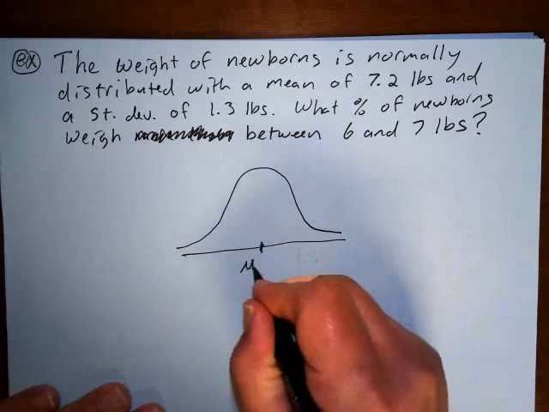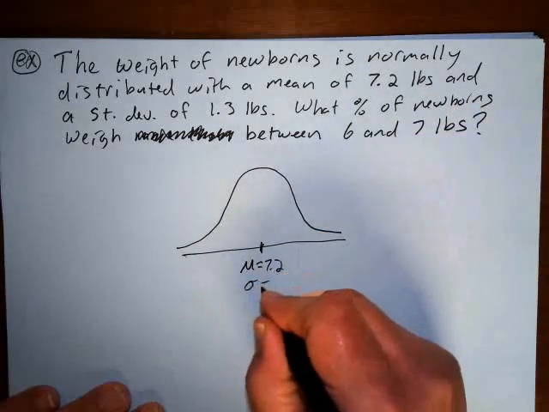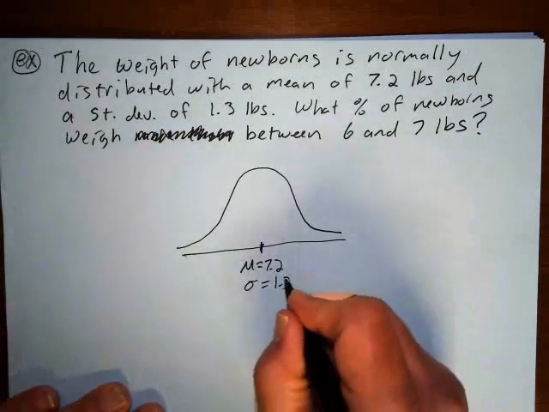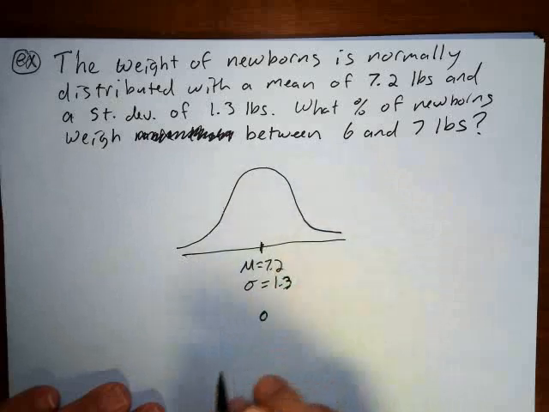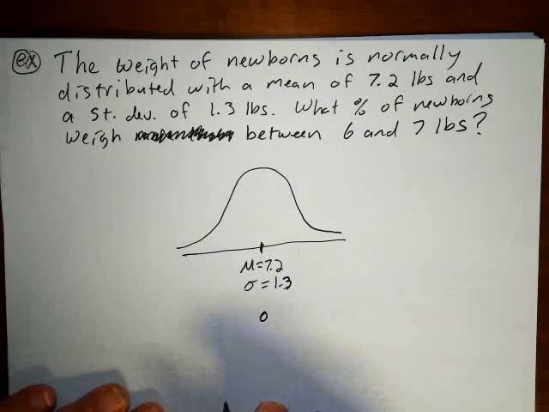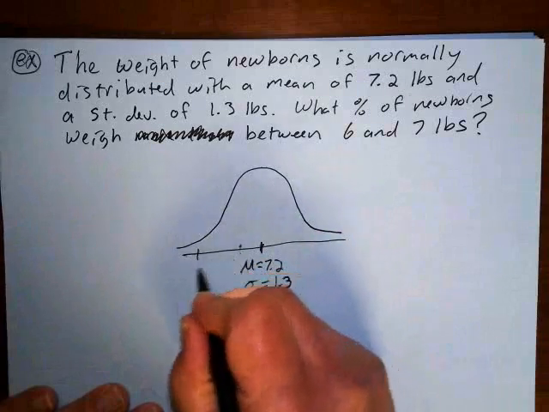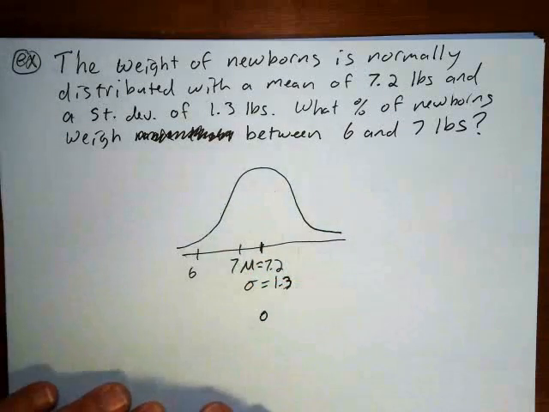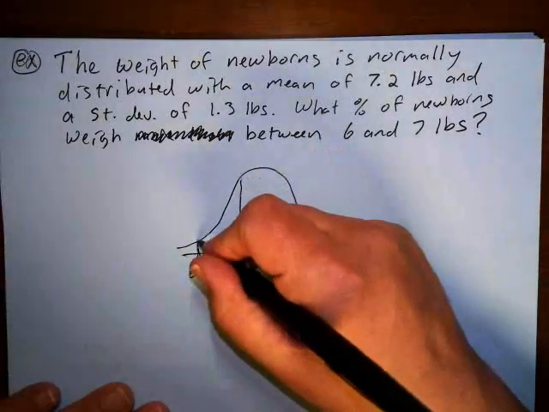Okay, now the center here is 7.2, and the standard deviation is 1.3. So the center is not 0, but the z-score is 0. Okay? And then 6 and 7, they both lie below the mean somewhere. One really close to the mean, one further away.